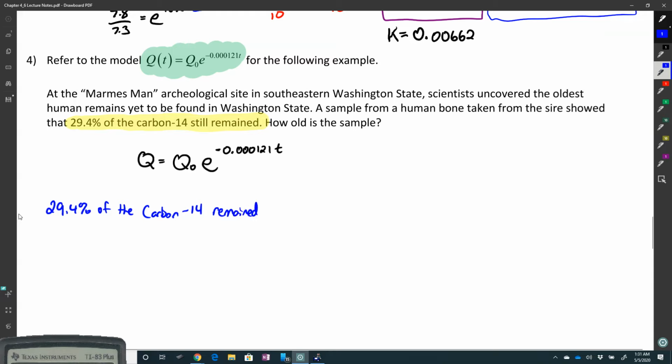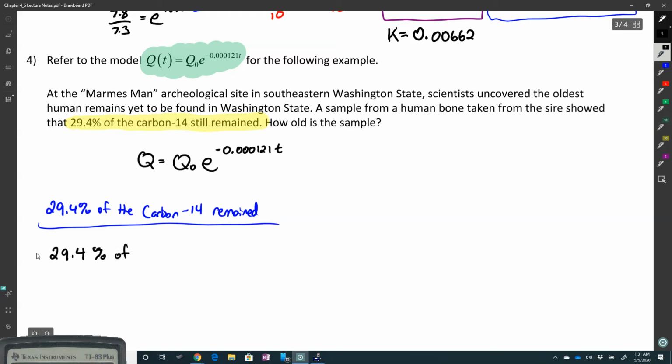But this actually tells us what it is. So it's 29.4% of the remaining portion, of the initial value.